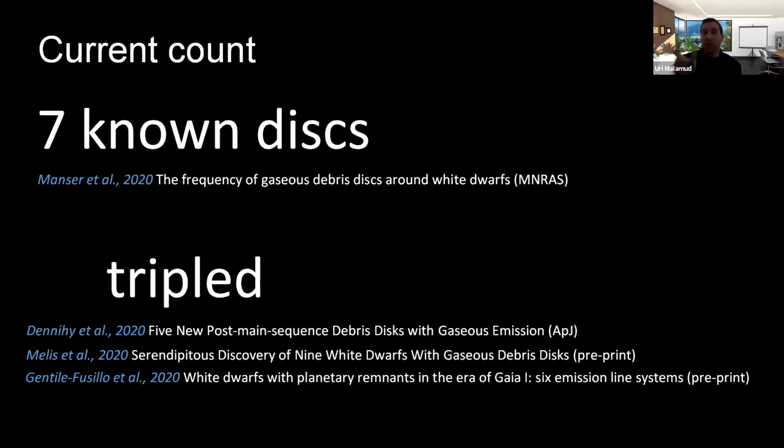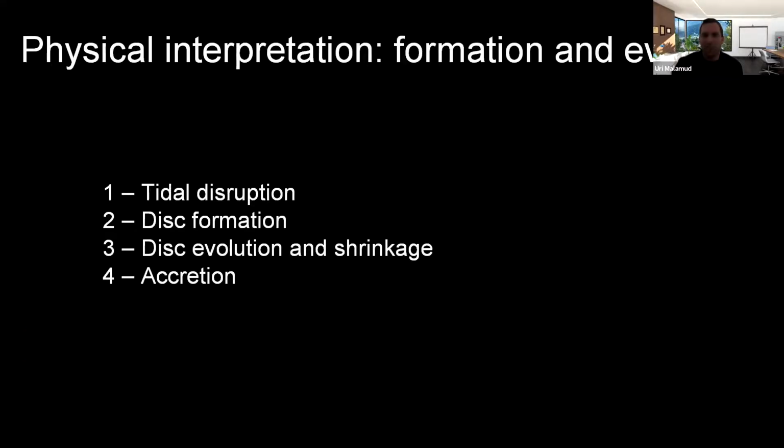Among those, some of them have gas, but some of them don't. You have the infrared, which has 2 components, and you have infrared variability. What is causing all of this? What is the physical motivation? What is the physical interpretation of this? Actually, until now, there has been no interpretation.